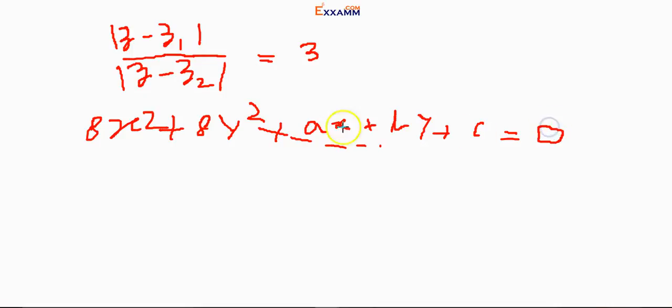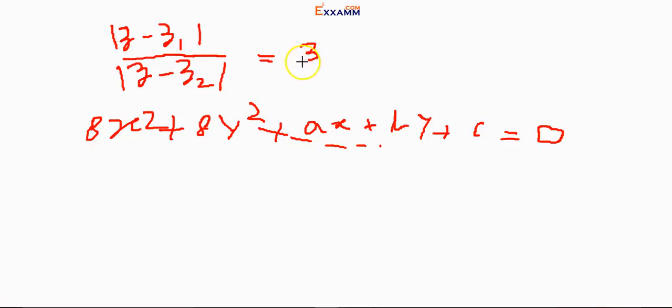Then what are we getting? We are getting that the coefficients of x square and y square are the same, and there is no term having xy, and it is a second degree equation. So this would represent the equation of a circle in all cases.